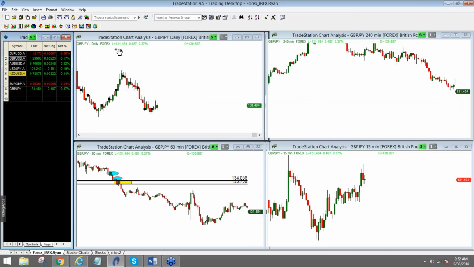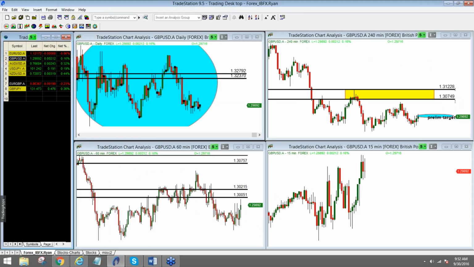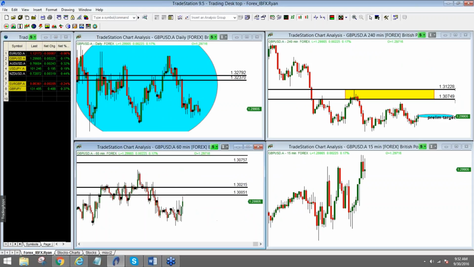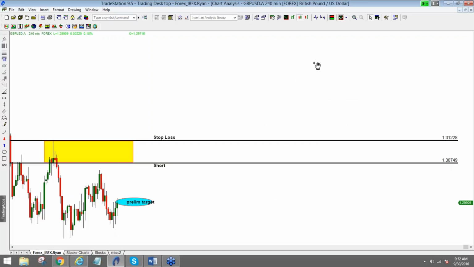I do have daily, 240, 60-minute, and I just threw a 15-minute chart in here. But I do prefer the higher time frames. A lot of my chart trades on the Forex market come from the 240 all the way down to the 60, not lower than that. I do take trades off the daily, but 240 is kind of my go-to in the Forex market. So I can manage risk there at a certain period that I like, and I also can get the wins that I want. So that's kind of how I determine things there.